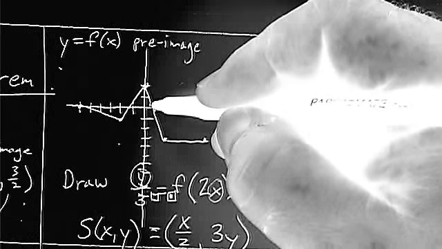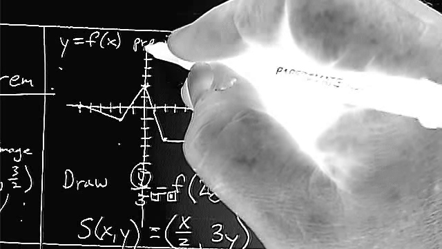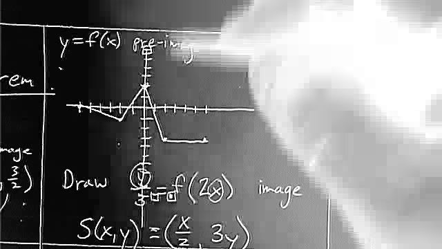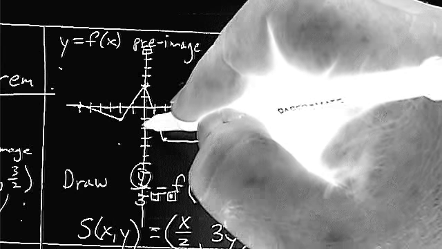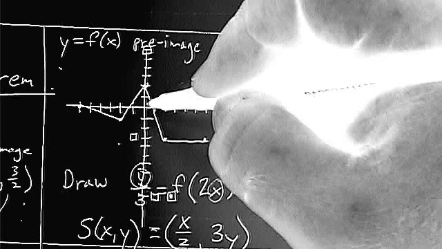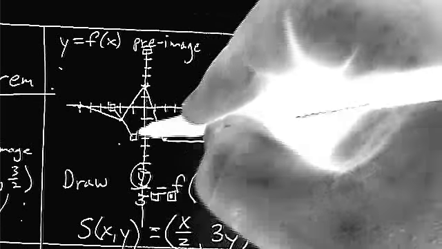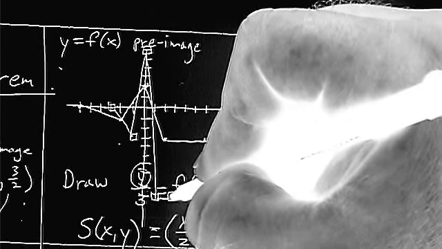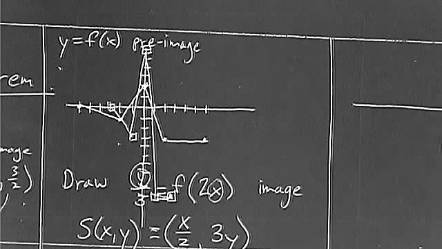And 0, 6. And negative 1, negative 3. And negative 3, 0. That's the new set of points.